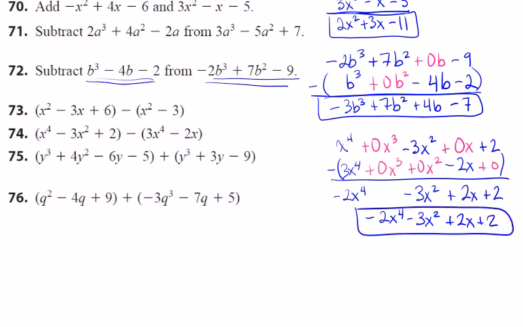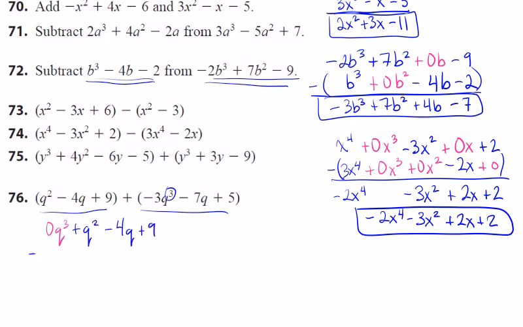All right. And then last, here we're adding. So we're going to align these. So we put this one on top, this one on the bottom. This time we have a q cubed on the bottom, so I'm just going to put a 0q cubed in front of this q squared here, plus q squared minus 4q plus 9.